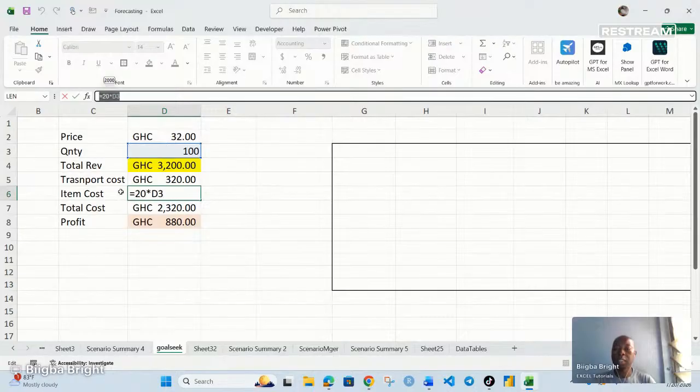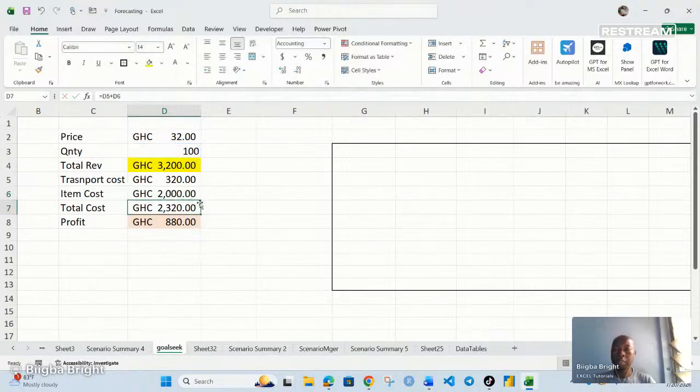So to get the total item cost, we have to multiply the 20 Ghana cedis cost of each by the total, which is the quantity. And that gives us 2,000. Then total cost is the transport cost plus the item cost. In some cases, you see operational cost and other things. Then that will give us our total cost.